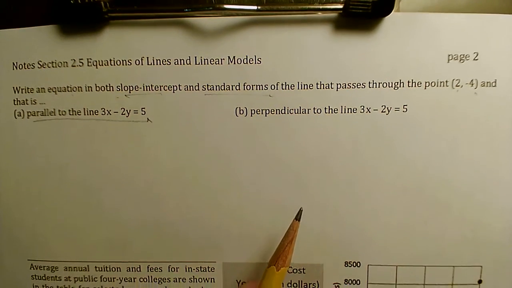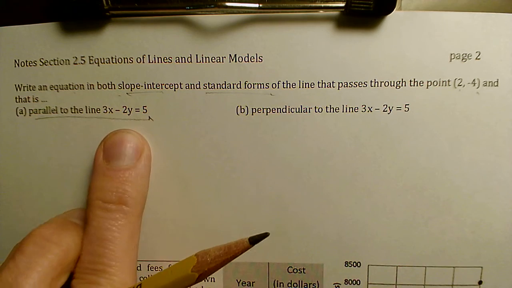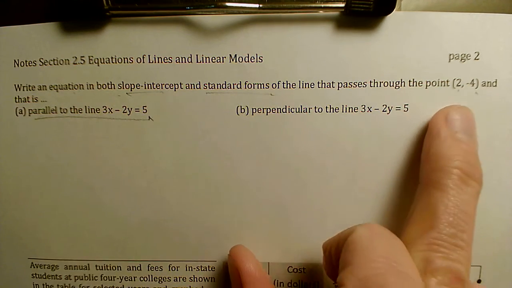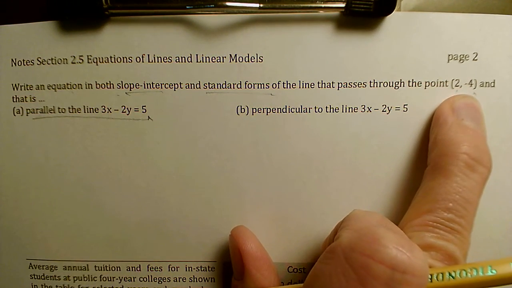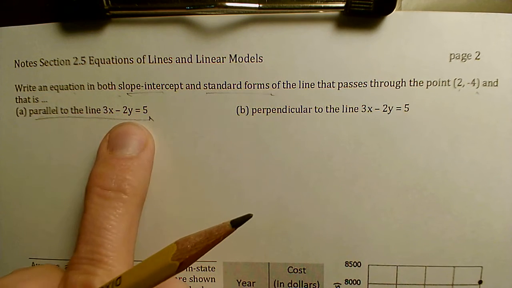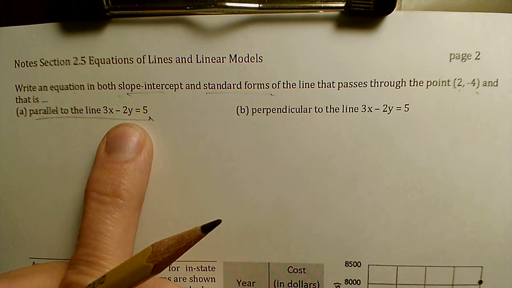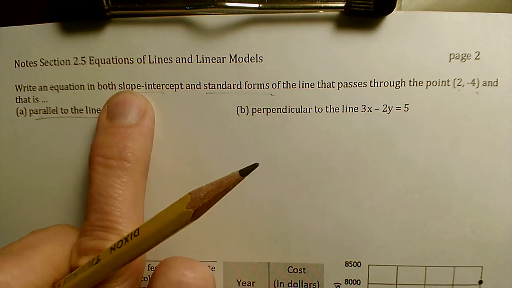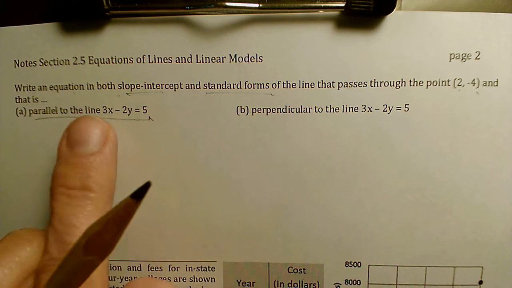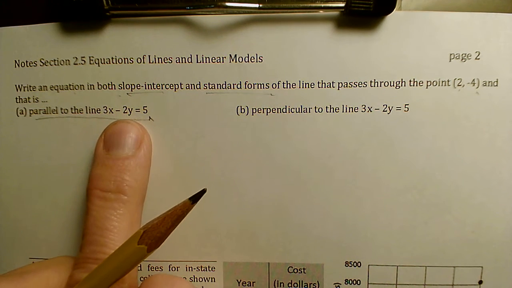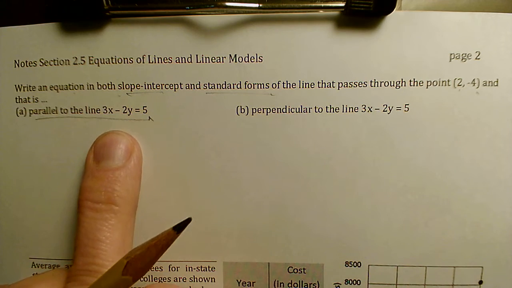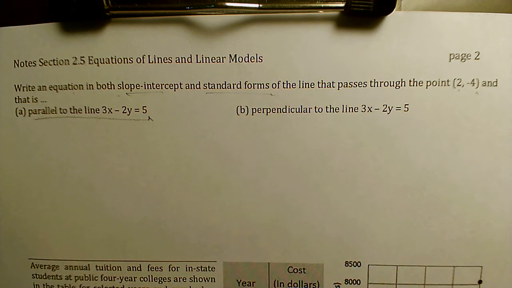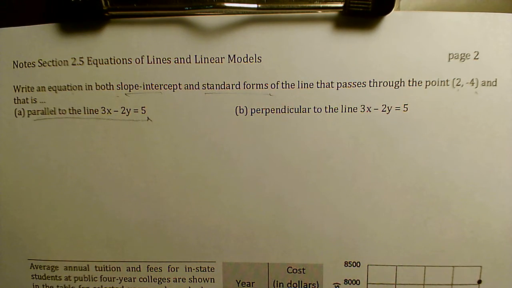Okay, so we know our line that passes through this point 2, -4 is parallel to this line. So think about what we need. We need to find the slope. So let's find the slope of this line that they gave us that is parallel to ours, and then we'll know that our slope is the same as this line.